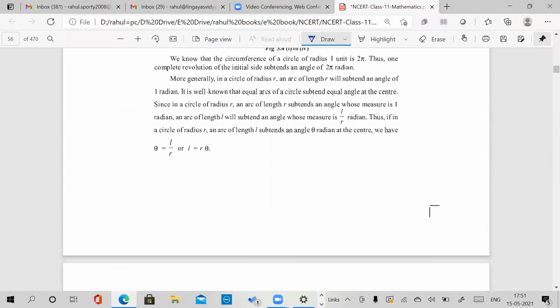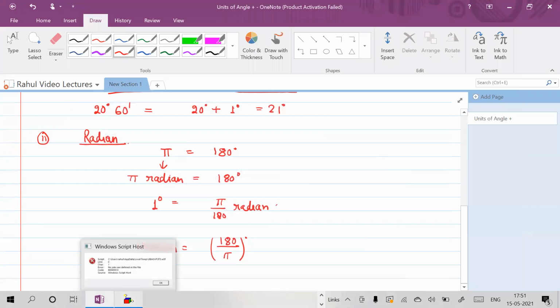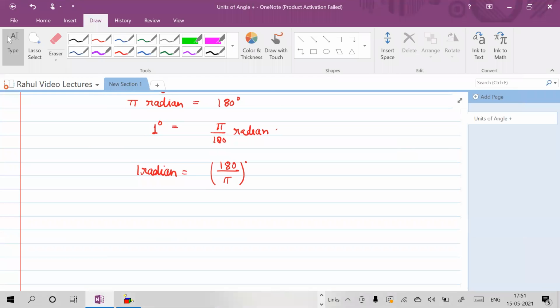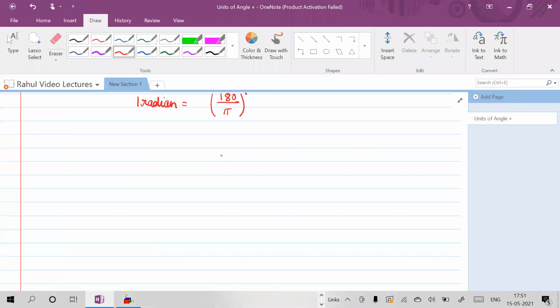Now, if I talk about a circle, suppose this is your circle and this is your radius.